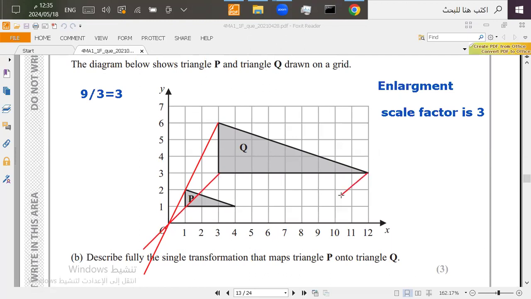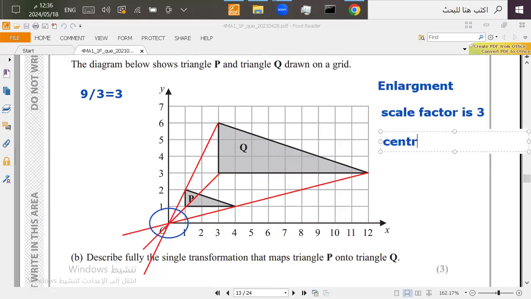Because this is on the right, the one on the right, I connect it and go beyond it. Now, the point where all the lines meet is the center of enlargement. As you can see, it's 0, 0, or the origin. So the center of enlargement is 0, 0.